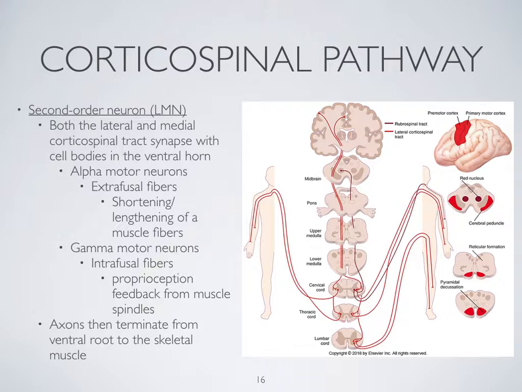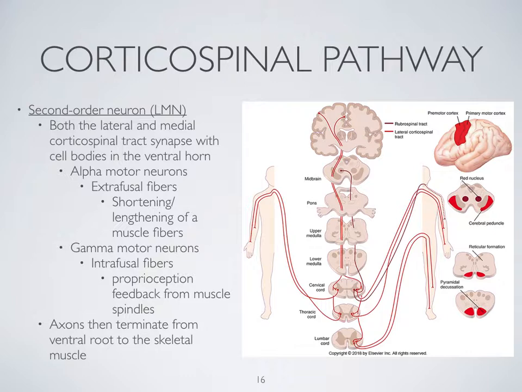So as we remember, now we're on slide 16. As we remember when we were getting to our supplementary sensory motor presentation, we talked about the gamma motor neurons and the alpha motor neurons. Because those are our lower motor neurons to our skeletal muscles, we're going to see those terms again here.